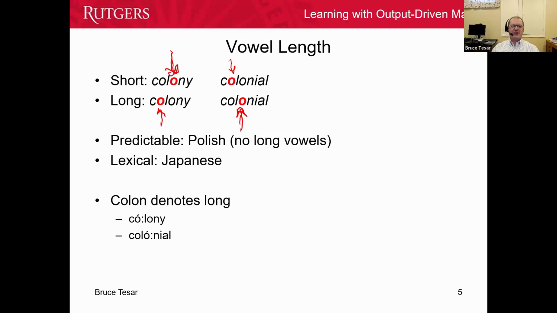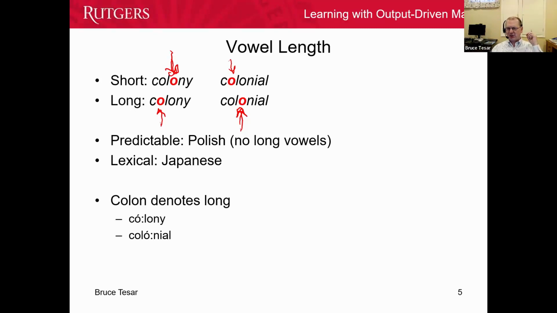And again, the significance of vowel length varies across different languages. There are some languages like Polish in which there simply are no long vowels. So there aren't any phonologically significant differences in vowel duration. Vowels are roughly the same in length.